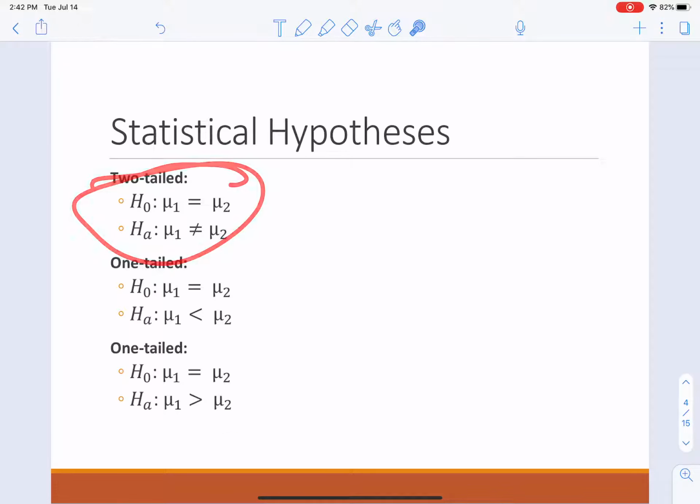We've seen that before. It gets a little funky with the confidence intervals, because when you have a direction like this, there's really only one side of the interval that you care about.